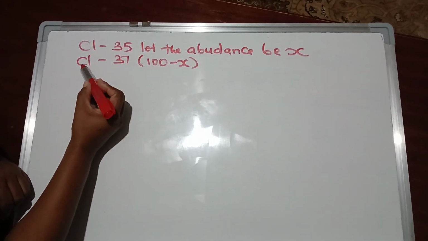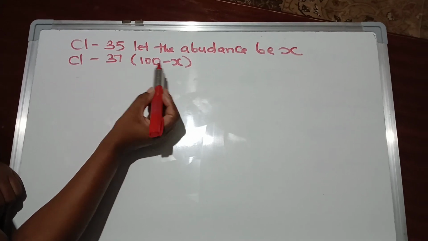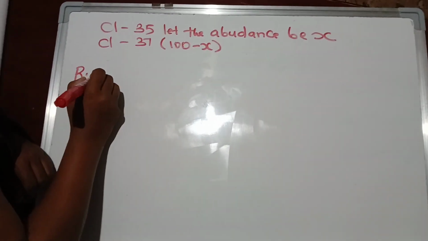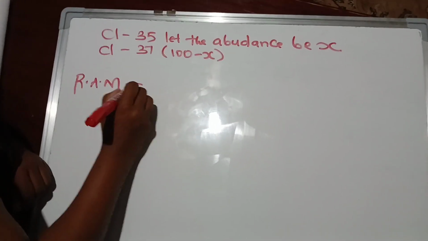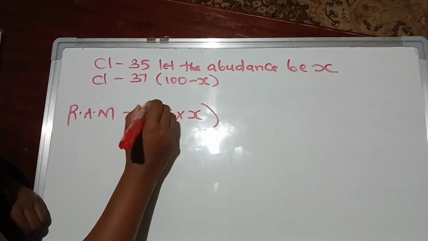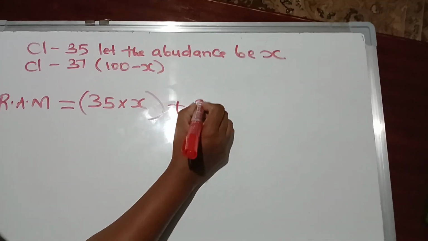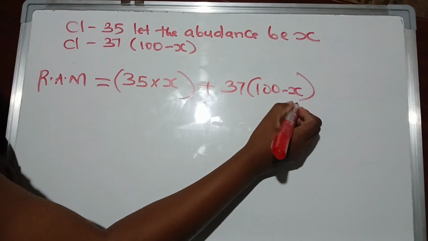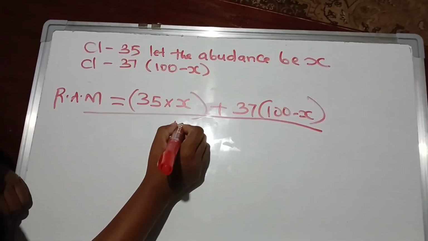Then the abundance of chlorine-37 will be 100 minus x. So the RAM will be equal to 35 times x plus 37 times 100 minus x, all this over 100.